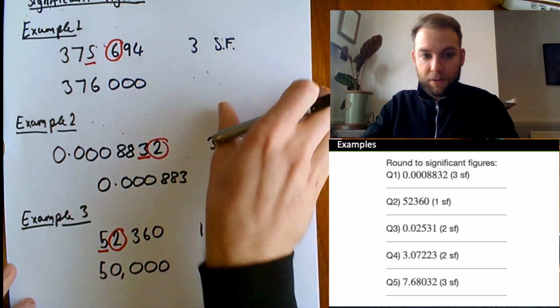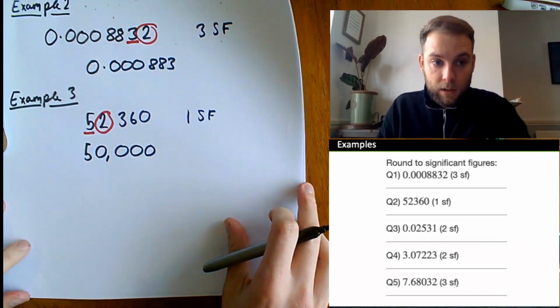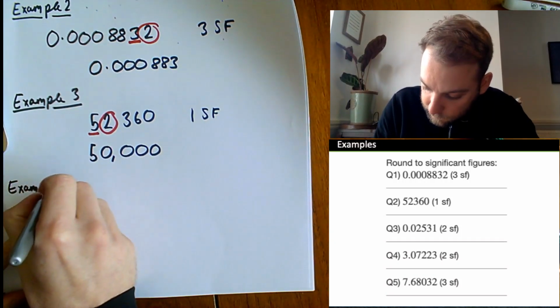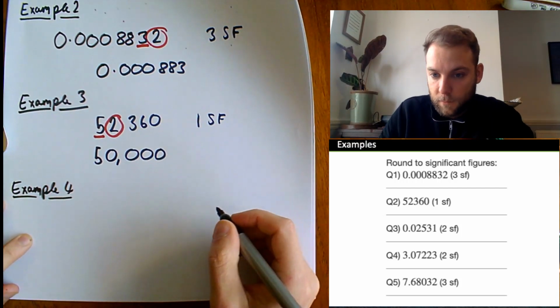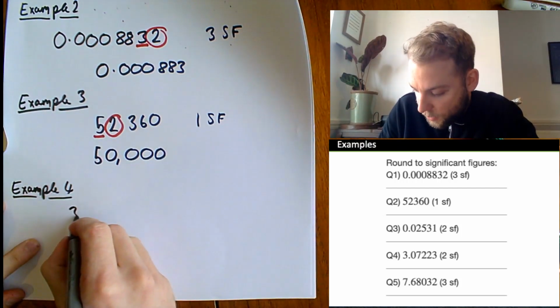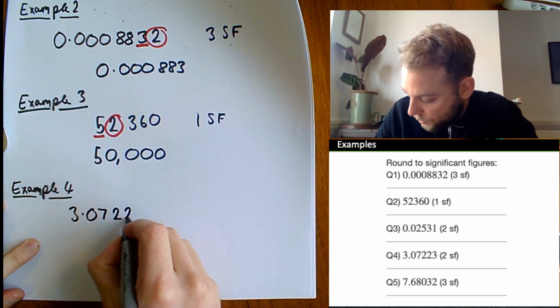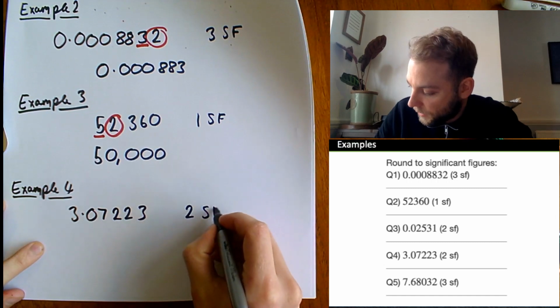So let's have a look now at example 4. So this one here, it says 3.07223, rounded to 2 significant figures.